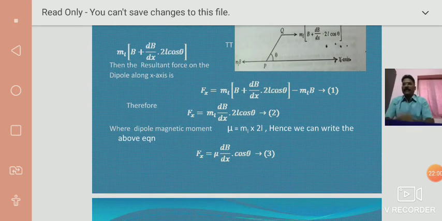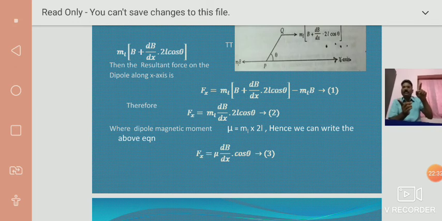Now, the dipole magnetic moment. What is the magnetic moment? Dipole means it has two poles. There is a couple between the electron and the nucleus in a silver atom. The electron is a negative pole and the nucleus is a positive pole. The silver atom behaves like a tiny magnet. It has two poles, there is a couple, there is a moment. Hence, the dipole magnetic moment can be represented as mu.